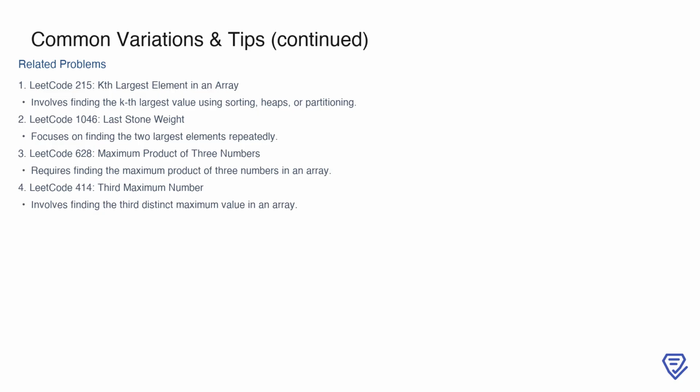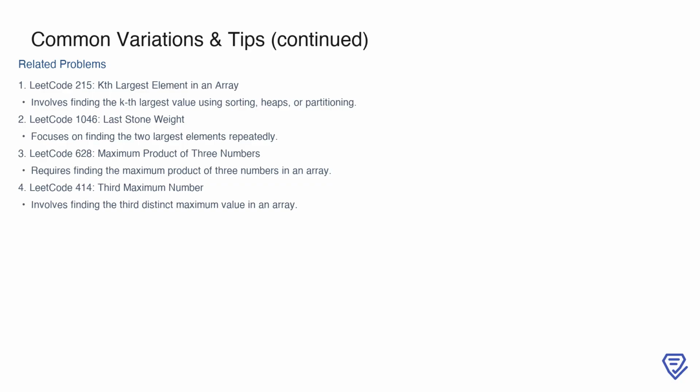This problem shares similarities with several other LeetCode questions, and studying these related problems can help you build a stronger foundation. For example, LeetCode 215 focuses on finding the kth largest element in an array, which can be solved using sorting, heaps, or partitioning techniques. LeetCode 1046 involves repeatedly identifying the two largest elements, similar to this problem, but applies it in a different context.